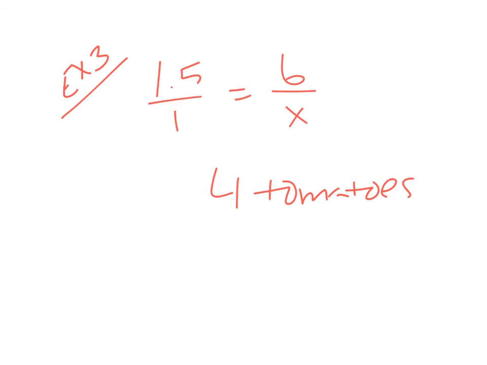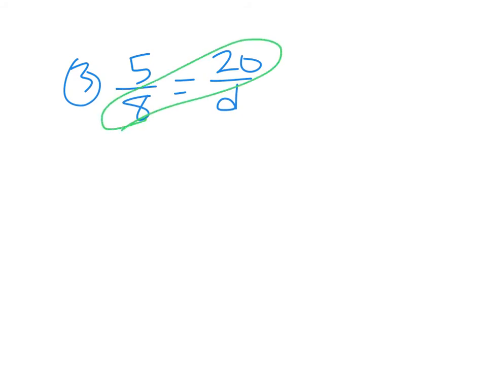Okay, so let's just do number 3 on your own. I believe you're done with your journals now. So we have 5 over 8 equals 20 over d, my variable. Okay, what am I cross multiplying? 8 times 20, and then dividing by 5.